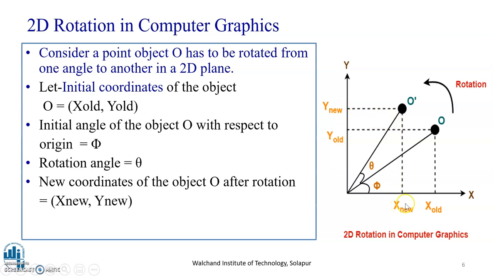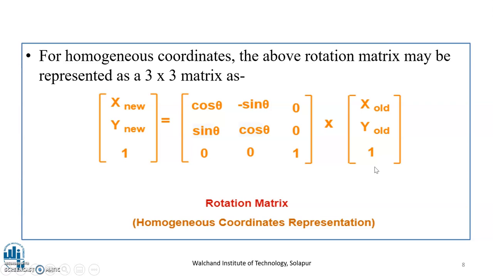On solving the trigonometric equations with respect to phi and theta, we obtain a matrix. Here, for the convenience of understanding, I have represented the matrix for rotation using homogeneous coordinates in a 3 by 3 matrix.